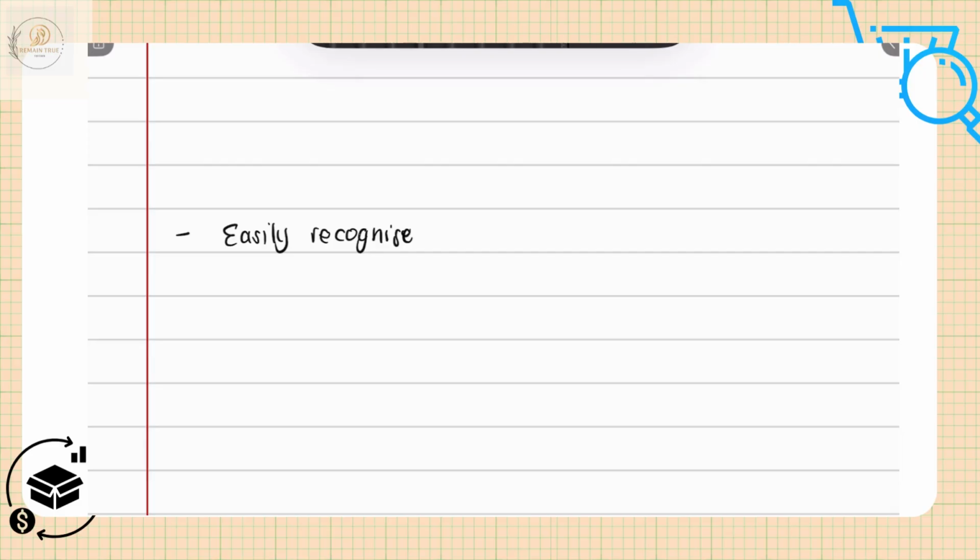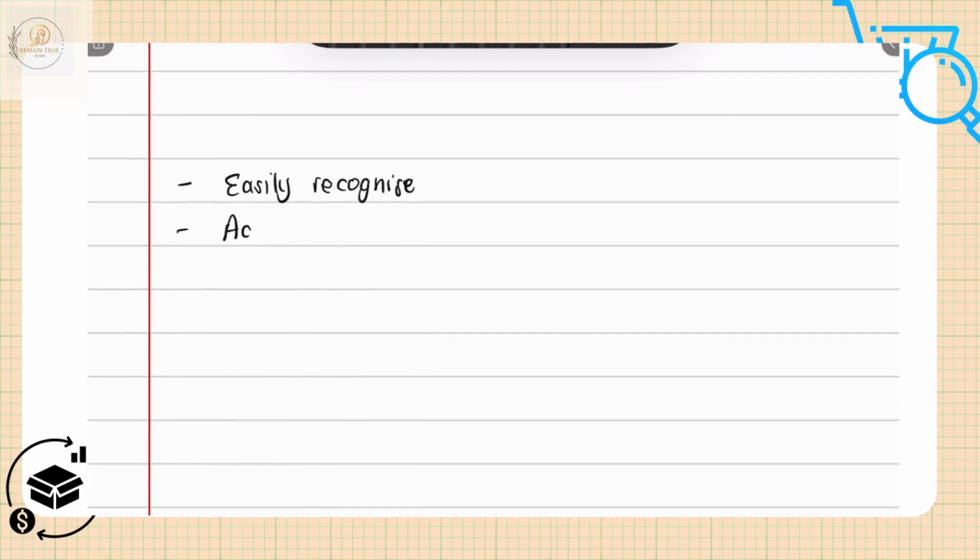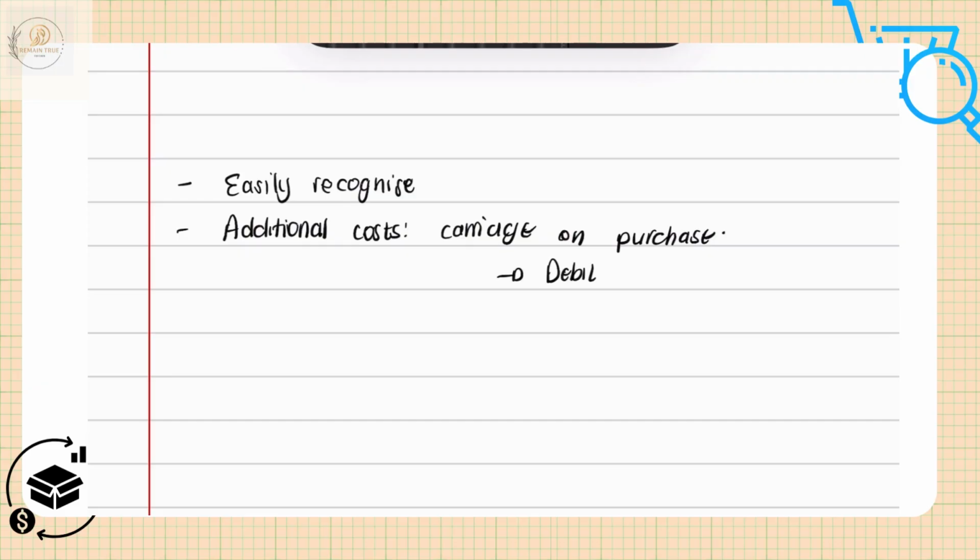What else can we denote from here? We're saying additional costs for perpetual. Any additional costs, such as carriage on purchases, are debited to our trading stock.